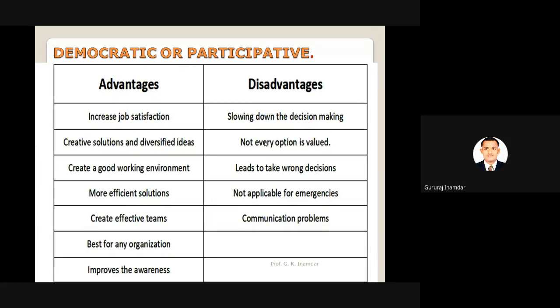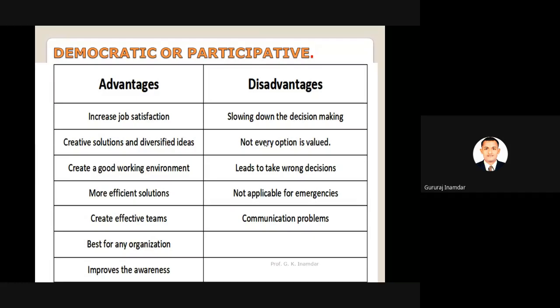We can say this is also motivation, because the manager is allowing me to give suggestions and opinions in meetings. Job satisfaction increases from ground level manager to second level manager, whatever the hierarchy of managers. This is the best advantage of the democratic style.